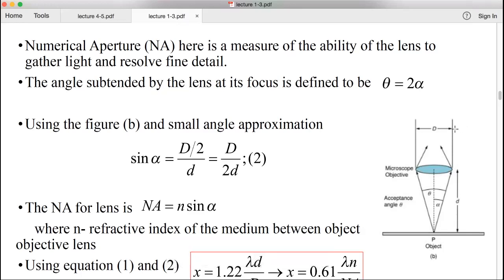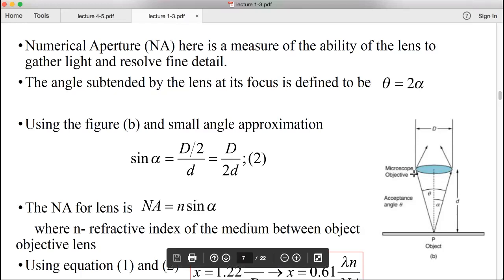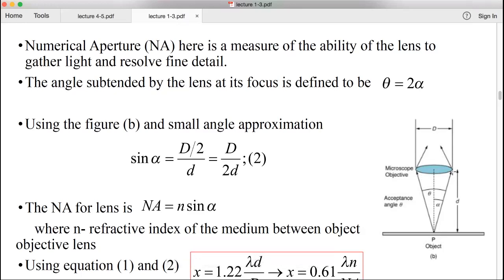A light beam comes in, and if the rays are parallel, this lens will be able to focus it towards the sample, or in other words, the light emitted from the object will be captured by the lens and form an image.